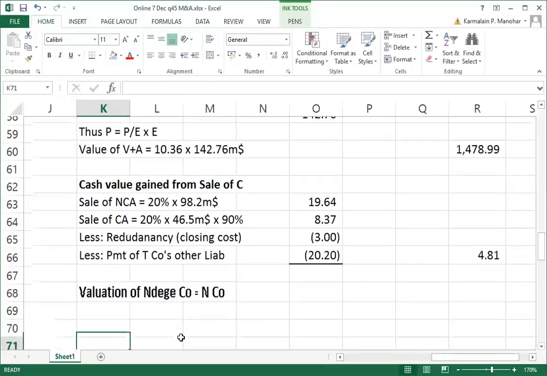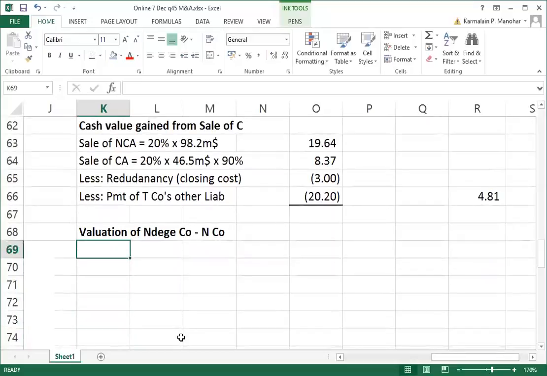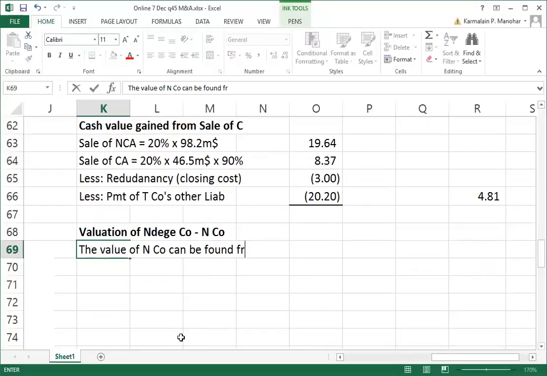So of course, a little narration is always wonderful. Value of NCO can be found from using the discounted FCFEs via the DVM model. I still call it DVM.